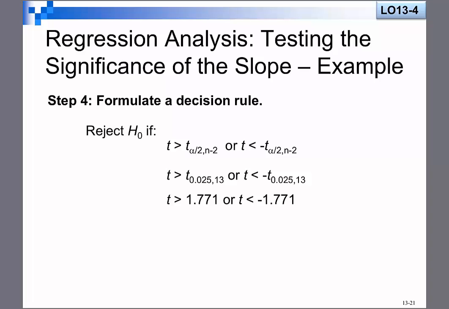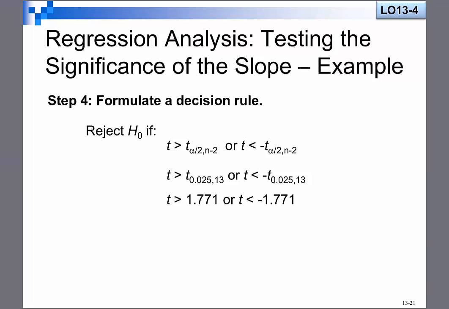Formulate a decision rule. Reject H0 if your computed T is greater than T alpha divided by 2, n-2.